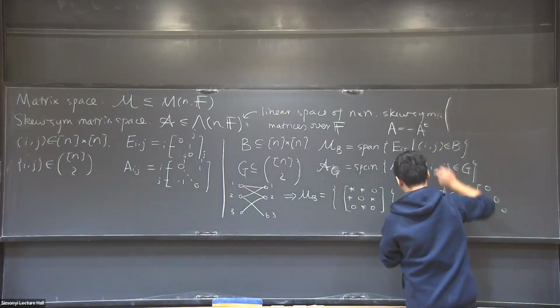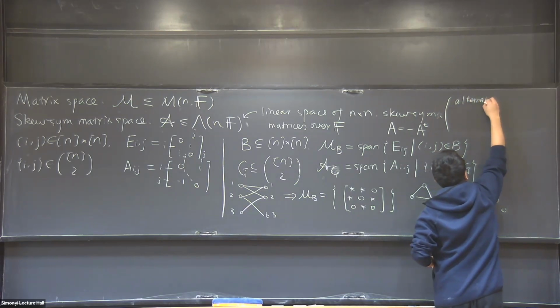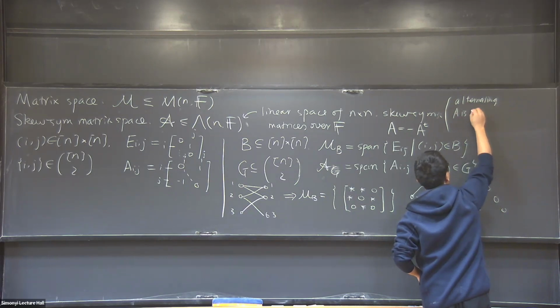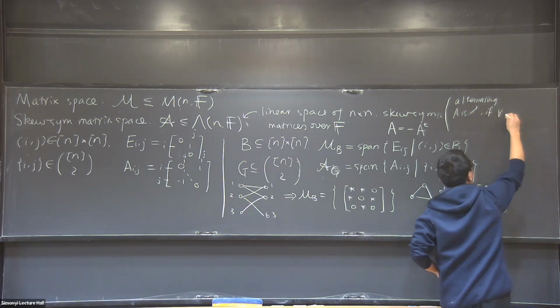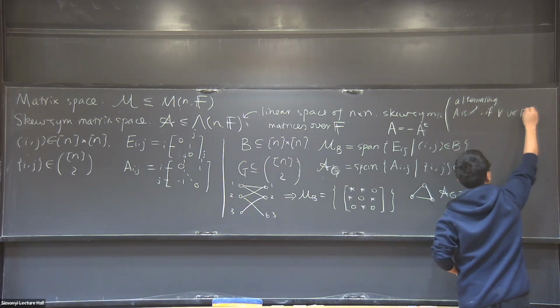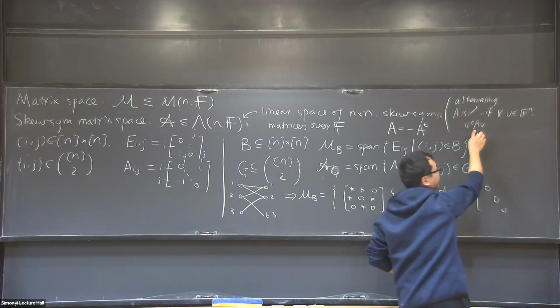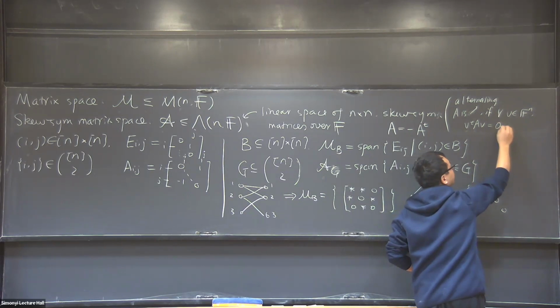I could have used alternating, which just says that a matrix A is alternating if for any vector v in F^n, we have v transpose A v, this is a bilinear form evaluating on the two vectors, is 0.